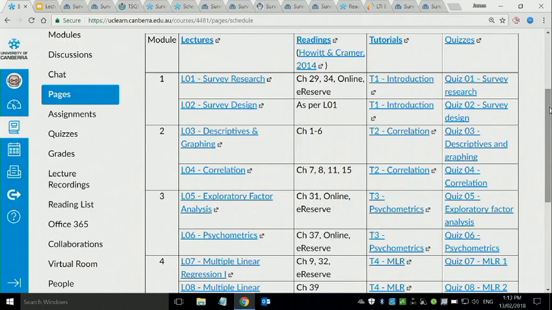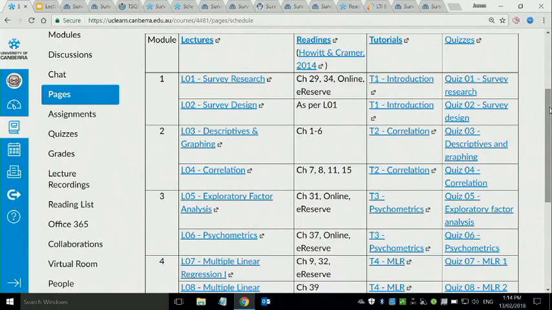Module 1, this week and next week, is really about what is survey research, how does it differ from experimental research, what are surveys, why do we use them, what are their advantages and disadvantages, what types of research can we do with surveys. That's today.